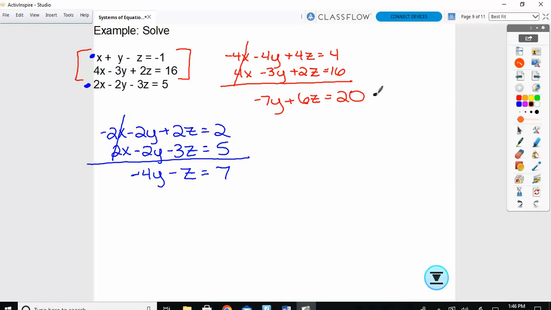Now, I am going to put these 2 equations. You notice I have 2 equations and they both have 2 variables. We need to put those together and eliminate something. What do you want to eliminate? Z. So we could take this one times 6.